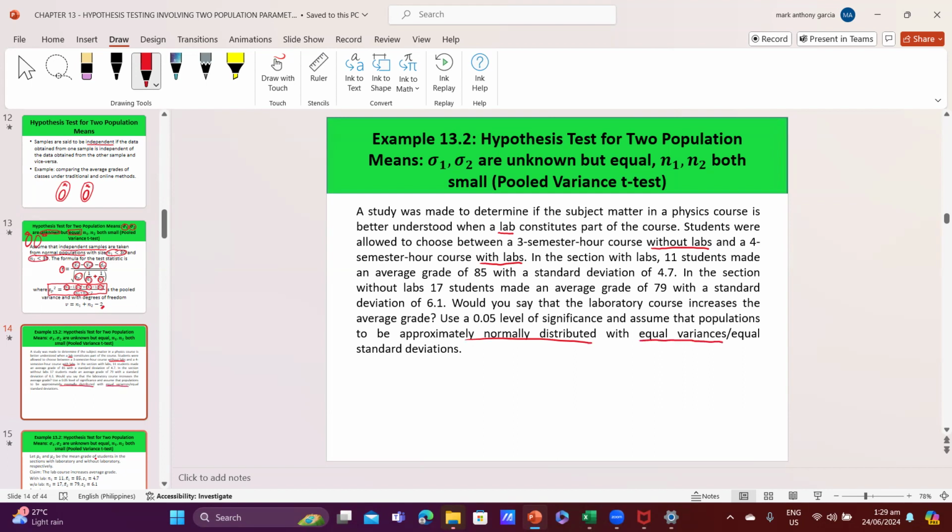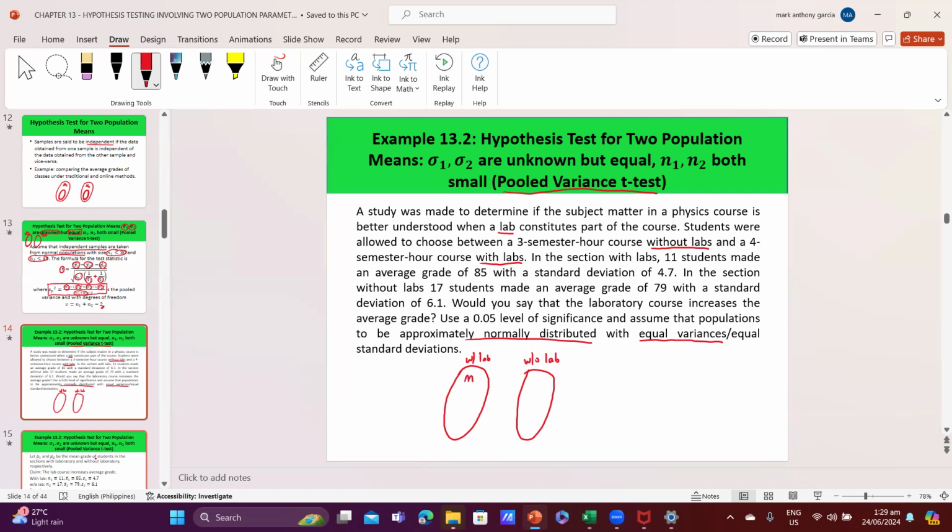And let us analyze why this problem falls under the second case or the pooled variance t-test. So it is assumed that the samples are independent from each other. In this case, our first sample group is the students with labs, and the second sample group would be the students in the courses without labs.